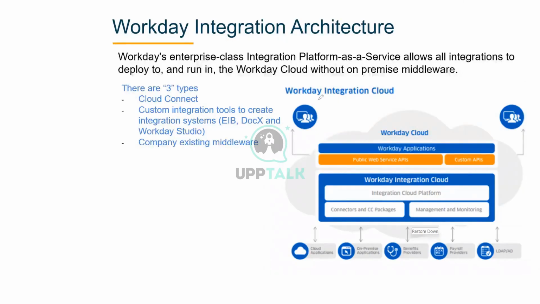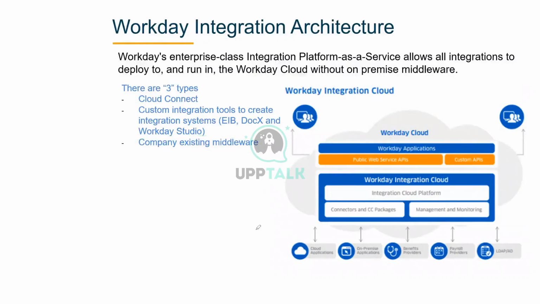There are three types. First is the Cloud Connect. Second is the custom integration tools to create integration systems such as EIB, Workday Studio, Docs. And then, if you have a middleware that you would like to use, you can use that as well.